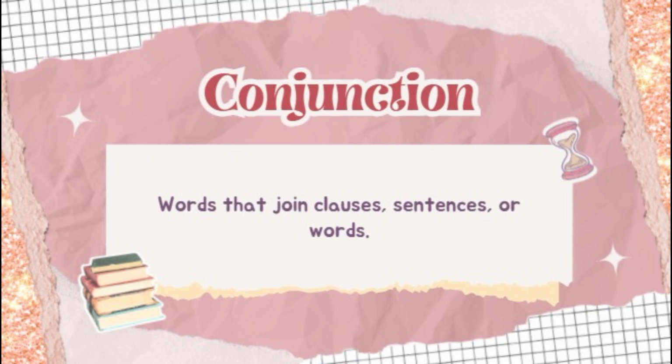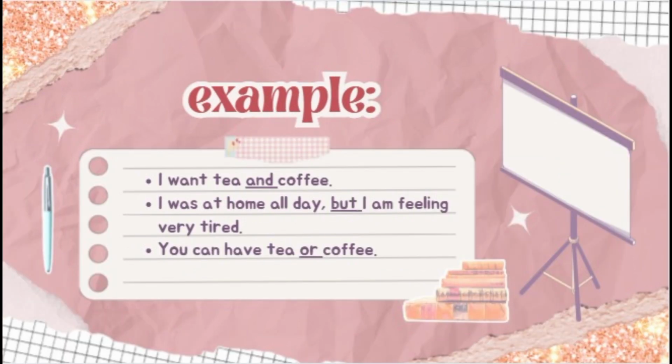And subordinating, for example because, although, while. For example, in I like tea and coffee, the word and is a conjunction joining two words. The examples are: I want tea and coffee. I was at home all day, but I am feeling very tired. You can have tea or coffee.